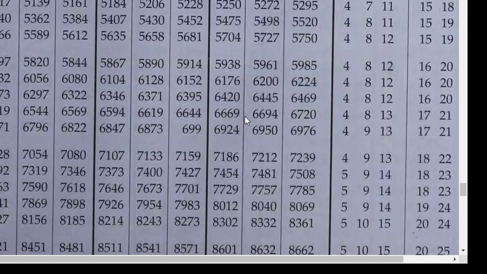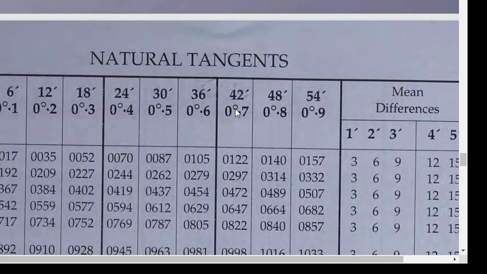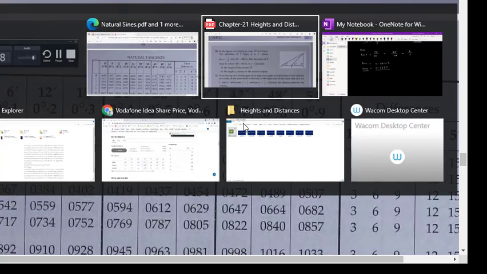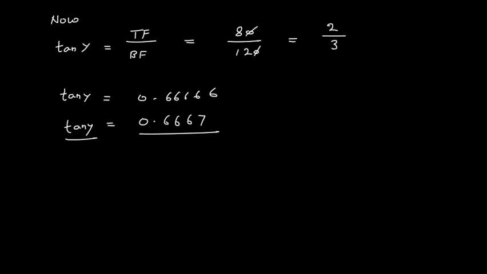So this value is a close approximation to what I need to find. This is 33 degrees, and in this column 33 degrees 42 minutes.